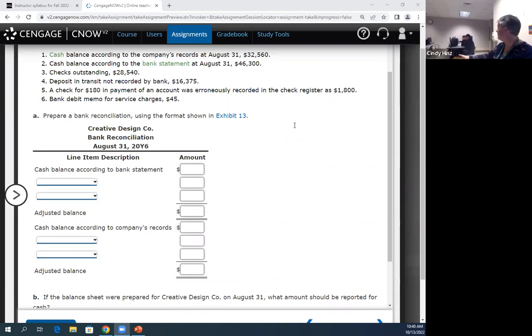So that's an independent verification. The bank says we have this much. Our records show we have this other amount. It would be extremely unlikely for those two numbers to be exactly the same all the time. There are usually some discrepancies, some differences, not that there are errors, but that there are, in general, timing differences between what shows up on the bank statement and what shows up on our accounting records.